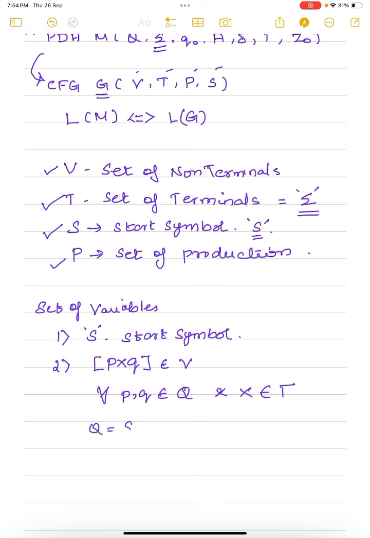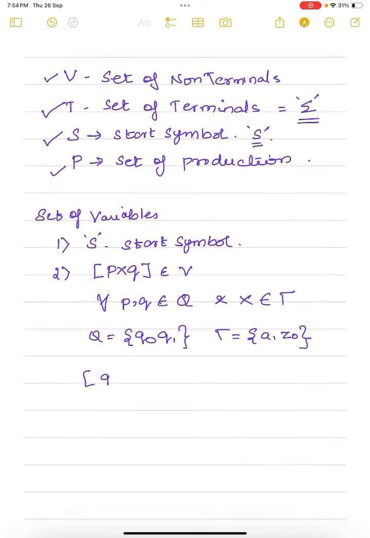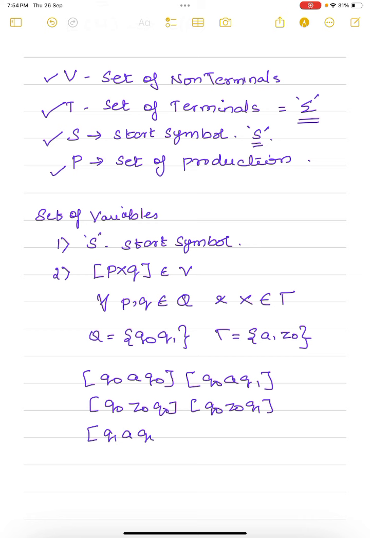Suppose we have the set of states as Q0, Q1, and the tape symbols as A and Z0, then the variables can be Q0, A, Q0; Q0, A, Q1; again Q0, Z0, Q0; Q0, Z0, Q1; likewise Q1, A, Q0; Q1, A, Q1; Q1, Z0, Q0; and Q1, Z0, Q1.